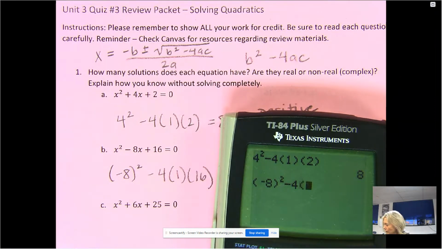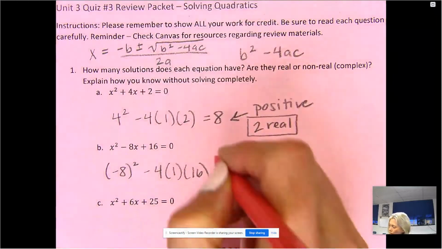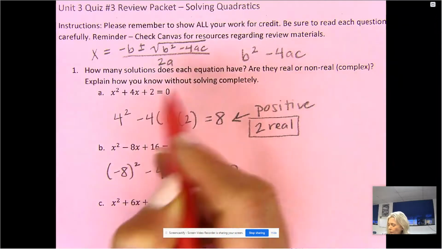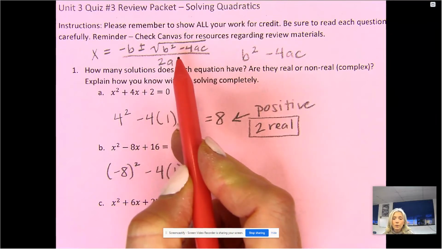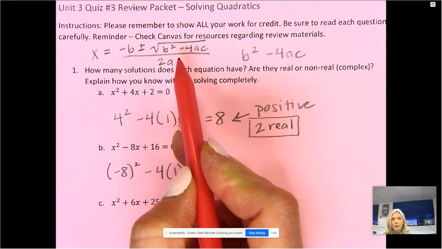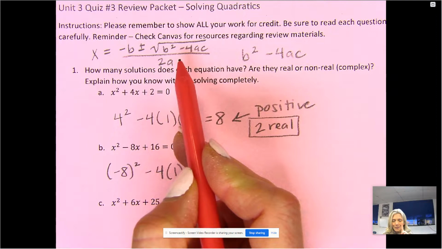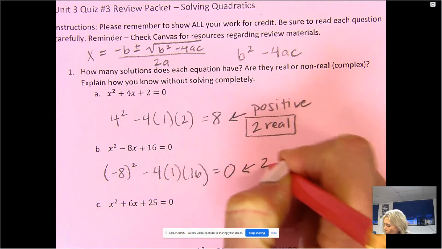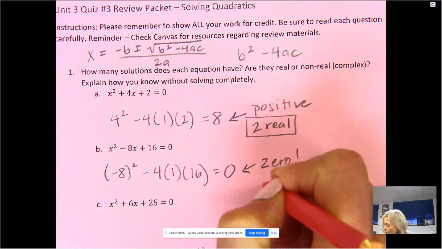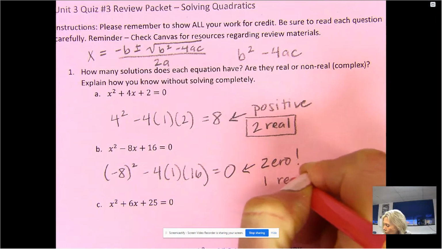And I get 0. So remember, if this is equal to 0, and then it's going to be under a square root. So 0, the square root of 0 is 0. It's not positive or negative. So it's only going to give us one value. So since this is 0, there is one real solution.